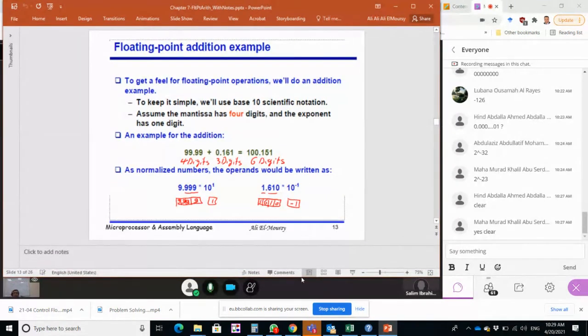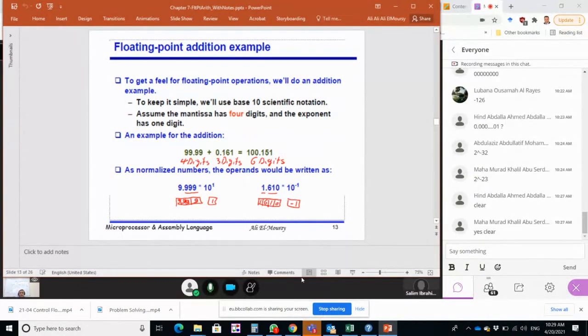Assume that I'm talking about storage and slots in decimal. We go back again to the decimal. Assume that I can store the numbers in decimal, and that I have 4 slots for the digits of the Mantissa. So 4 digits can be stored for the Mantissa, and 1 digit is stored for the exponent.